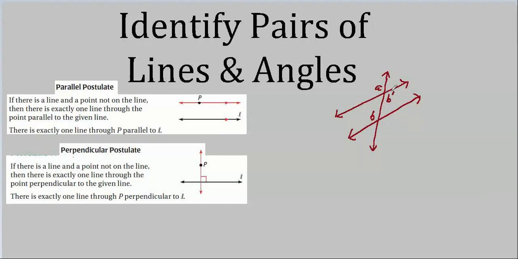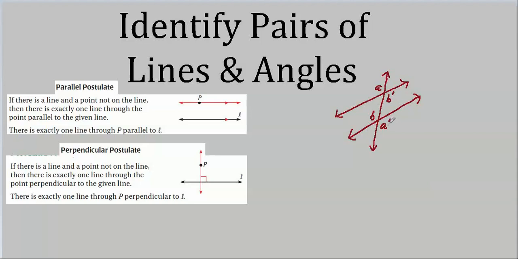Alternate means opposite sides of the transversal. Interior means they're inside the parallel lines. Exterior, well, that would be a good guess for the alternate exterior angle pair, and in fact that is called alternate exterior angles.